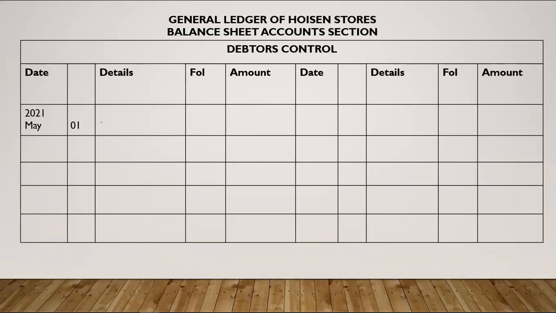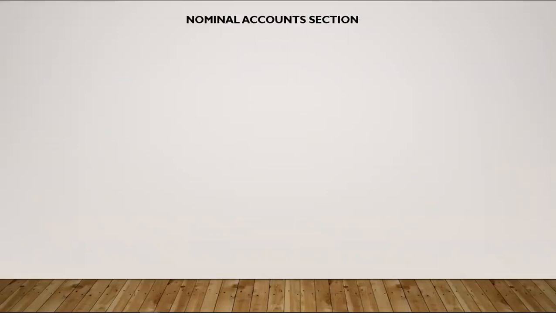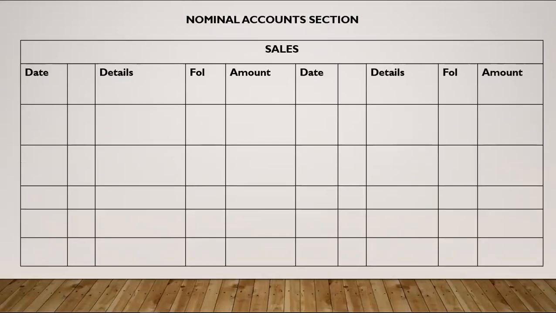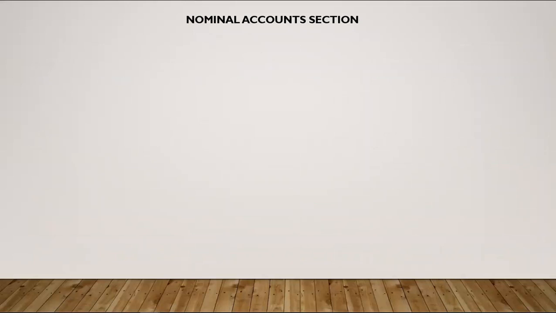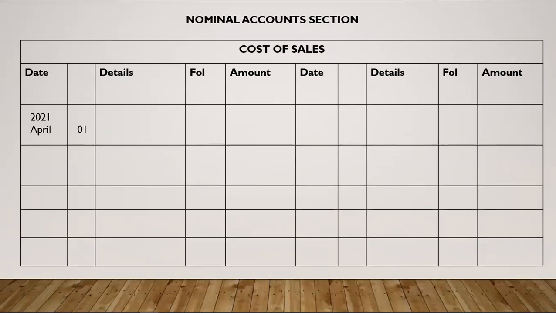Debtors control, you will have to calculate that. Sales, it will be this balance brought forward. Cost of sales, balance brought forward will be this. Then you have debtors allowances.